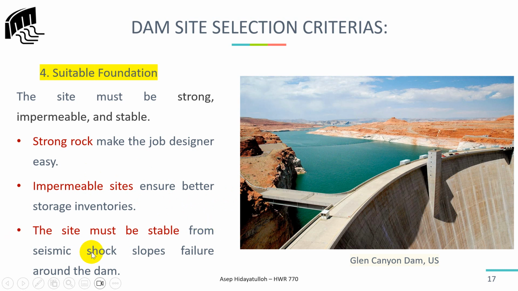The site must be stable against seismic shock and slope failure around the dam, so when an earthquake happens, the dam will not collapse or break. That's why it's important to find a stable site location and avoid the faults or fault structures at the dam site.